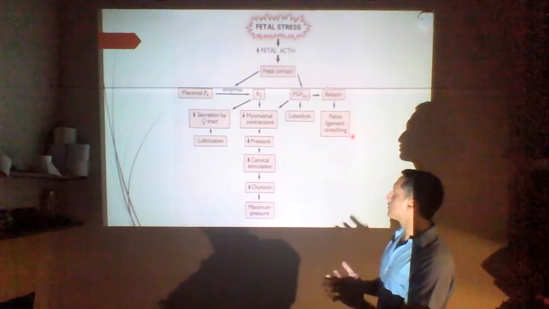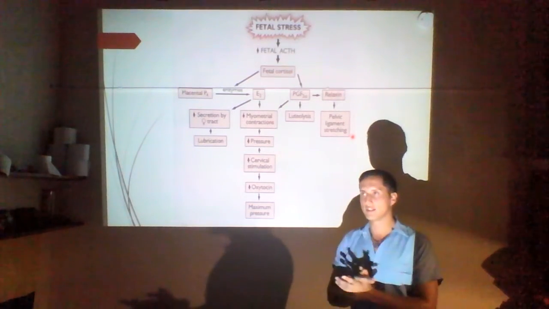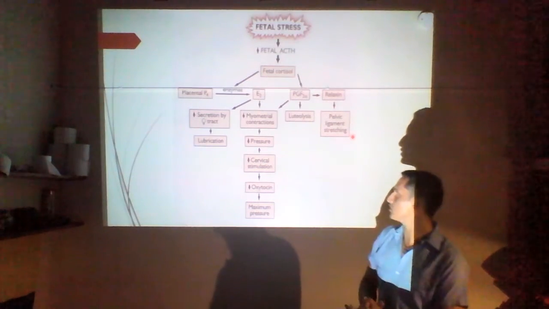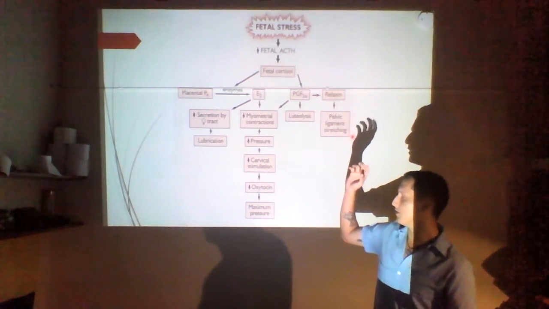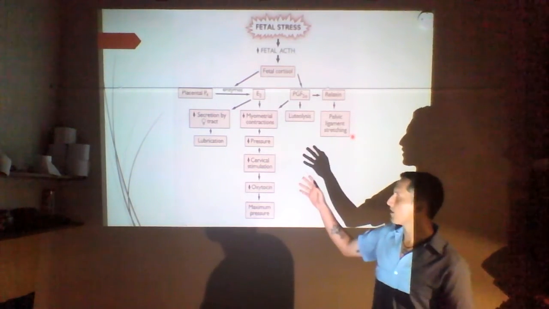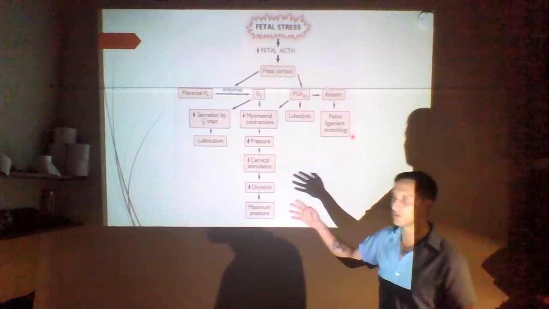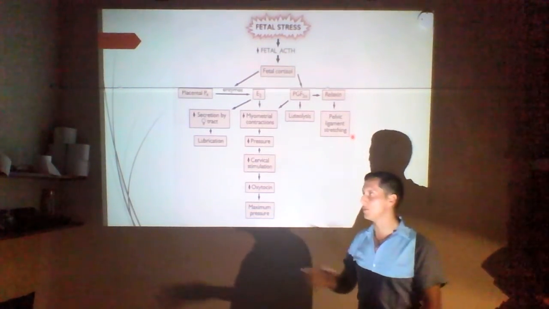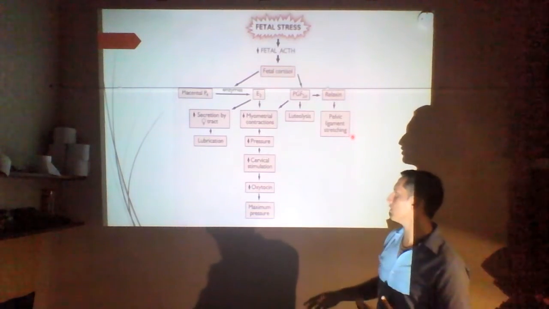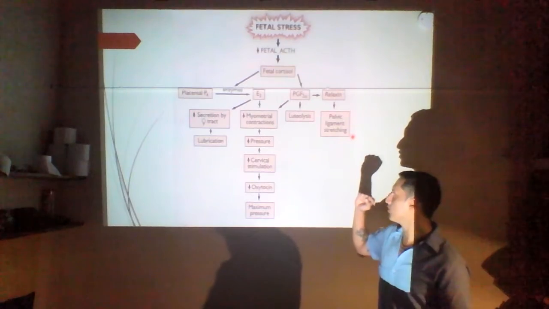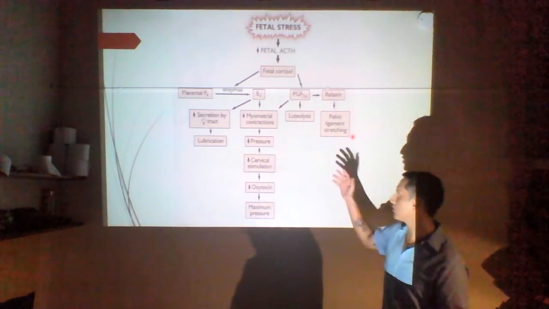So this estradiol E2 is going to cause a chemical reaction and make a secretion in the female tract, and this lubrication is going to help the neonate to be born. And also the estradiol is going to cause myometrial contractions.